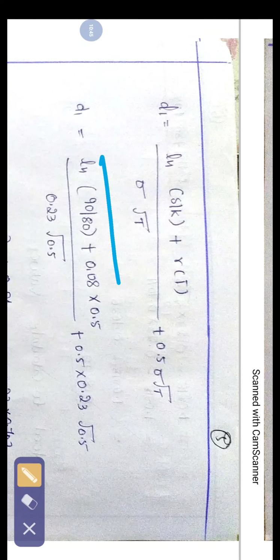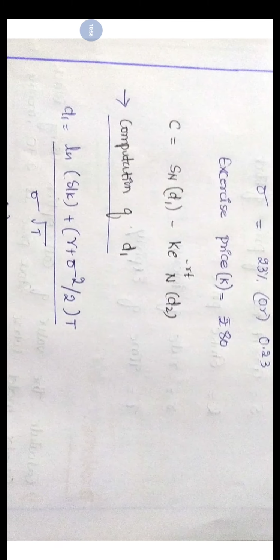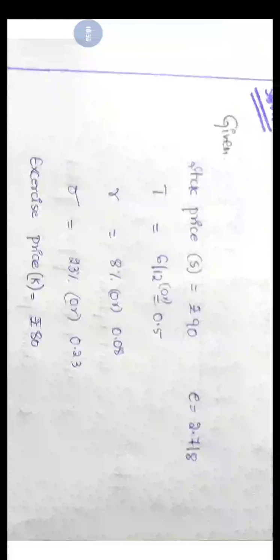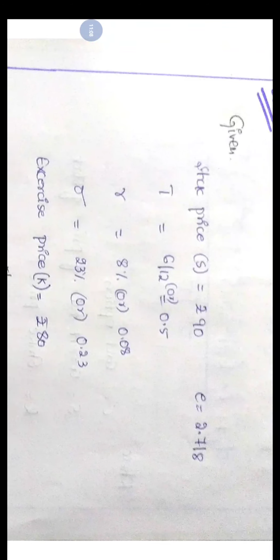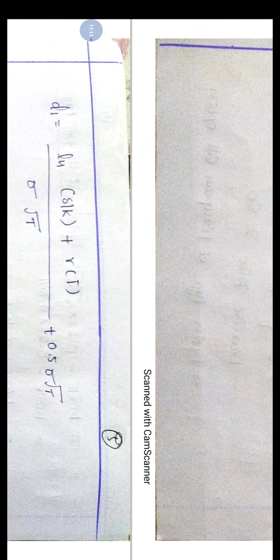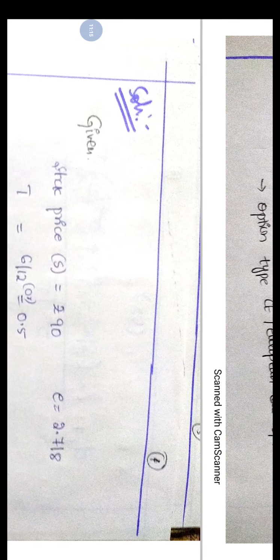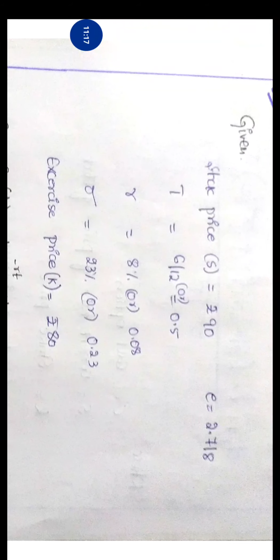Here, what is S? S is rupees 90. Next, K is 80.